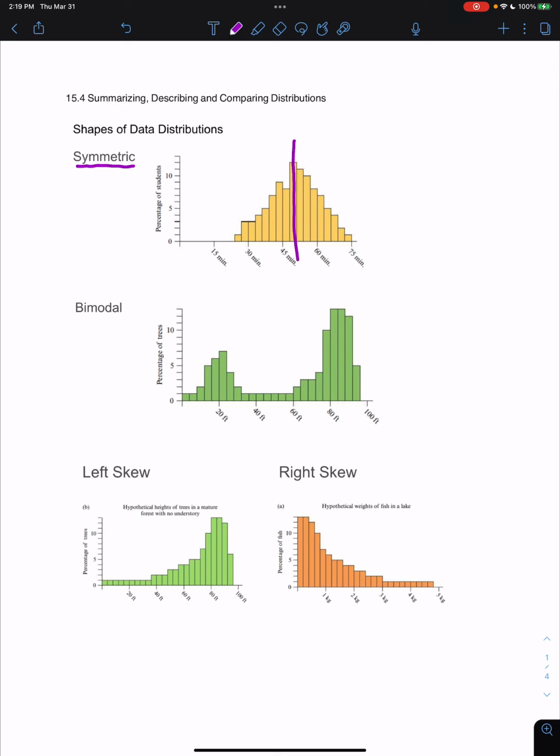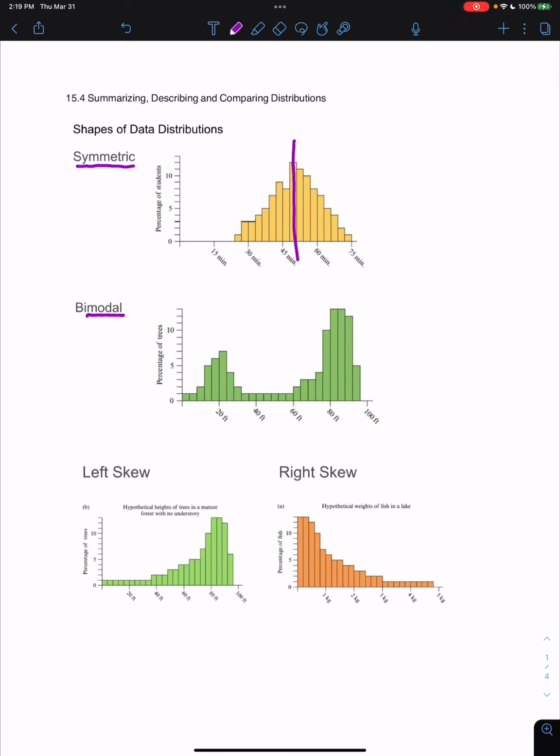Another shape in contrast to that is bimodal. And you see the prefix bi in this description of a data distribution, so you should think about two. And you also see the word modal, mode.